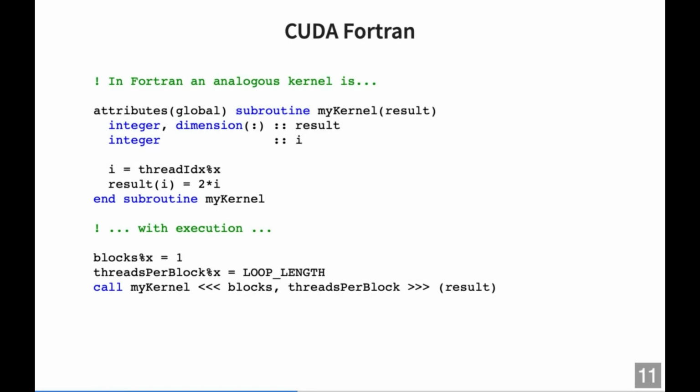Likewise on the host side, you would start this kernel off by executing a call to my kernel function, with this special triple angle bracket execution configuration, and the argument there.